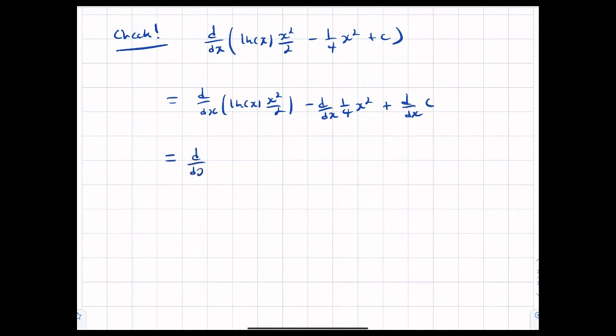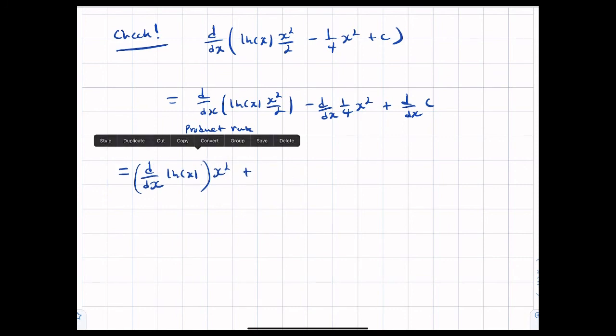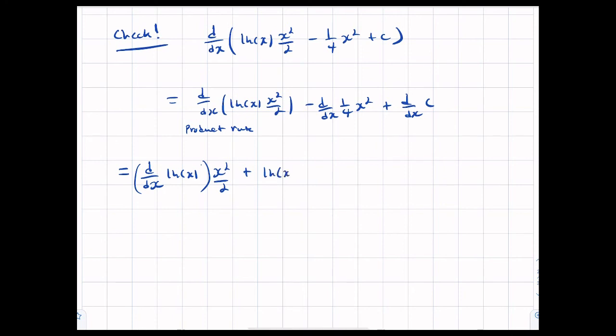So this again, this is the product rule we have to use here. It's d by dx of ln of x times x squared over 2, can't forget the 2, plus ln of x times d by dx of x squared over 2.